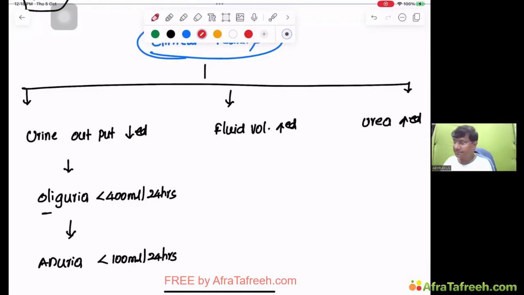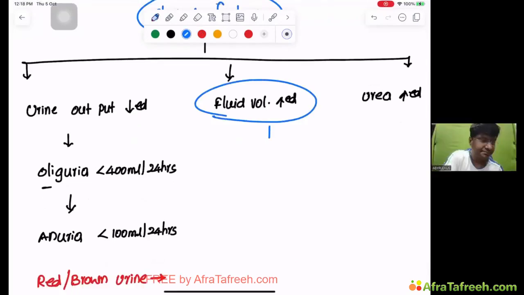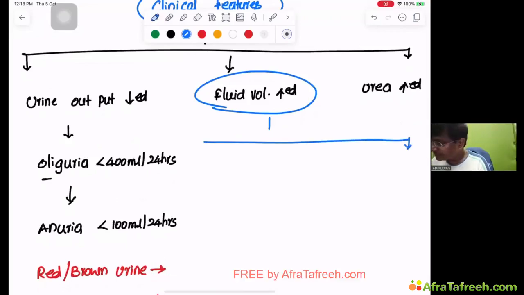And at the same time, the fluid volume is increased. Because of the increase in the fluid volume, the fluid will accumulate in various parts of the body. Where all can the fluid accumulate? In the third spaces.